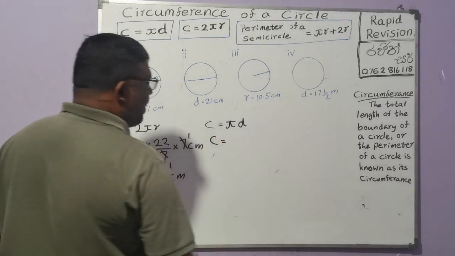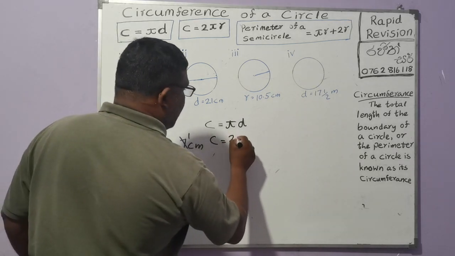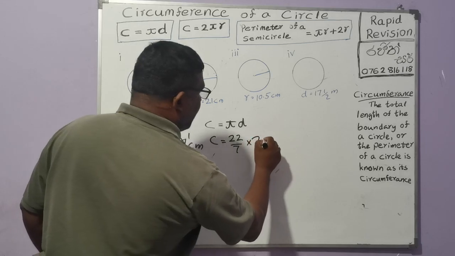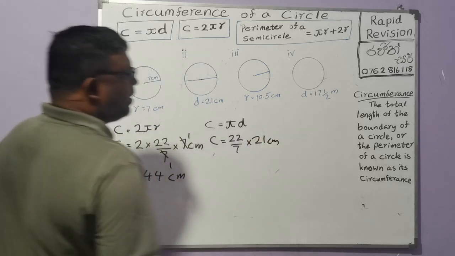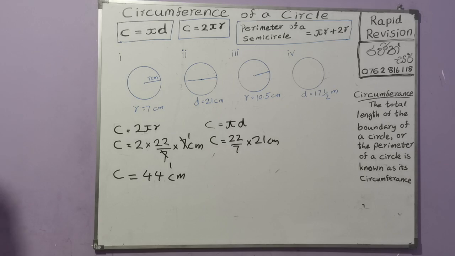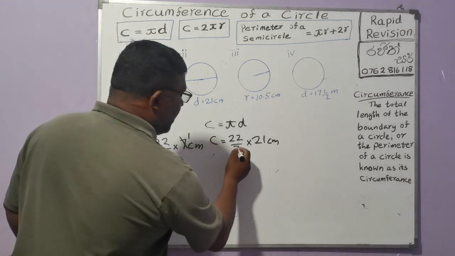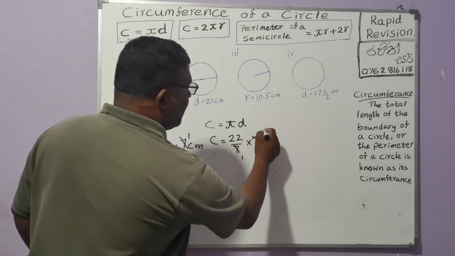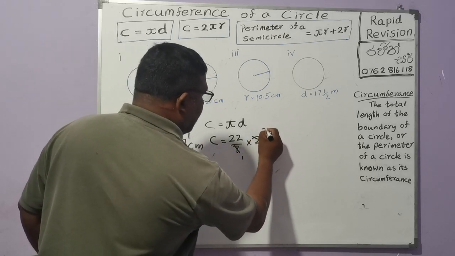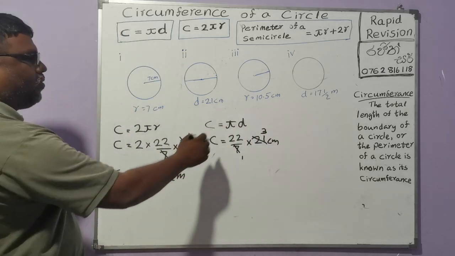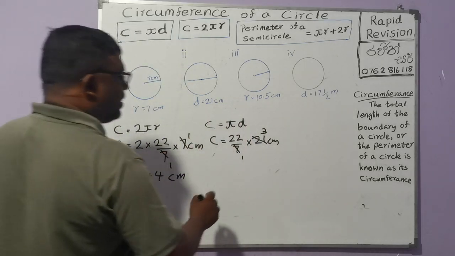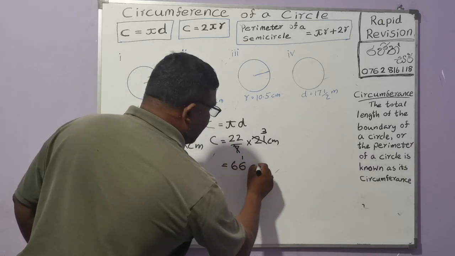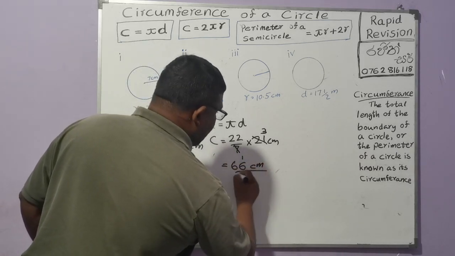Substitute the values: pi is 22/7 and d is 21 centimeter. Then you can cut 7 by 7, that is 1, and 21 by 7, that is 3. Then 22 multiplied by 3 is 66 centimeter. This is the answer.